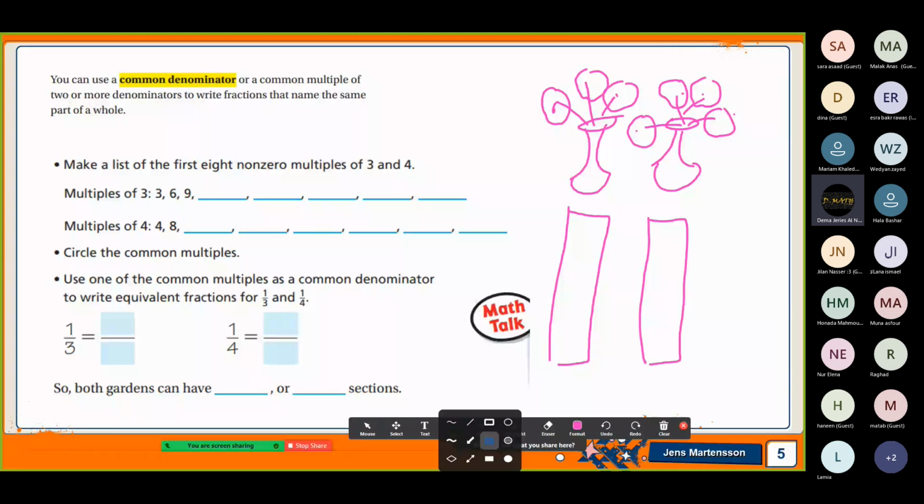Okay. And she wants at the end to have the same number of sections. So now she wants to decide to plant one from the first plant.